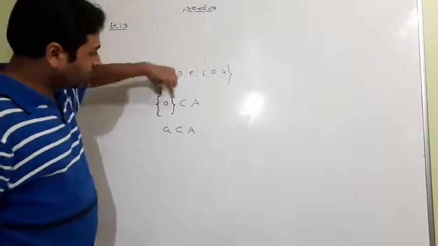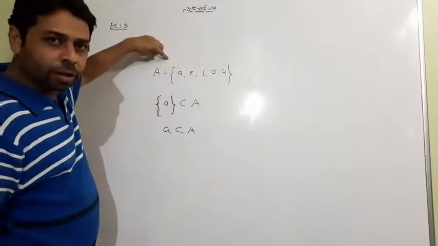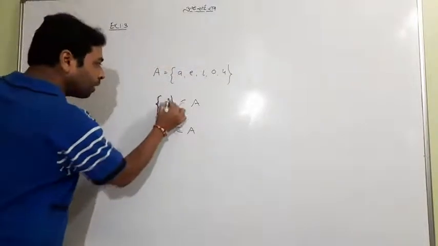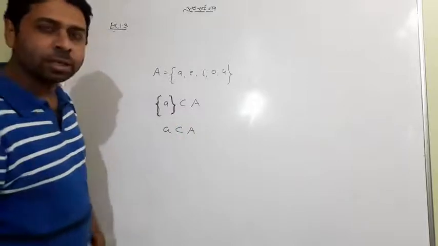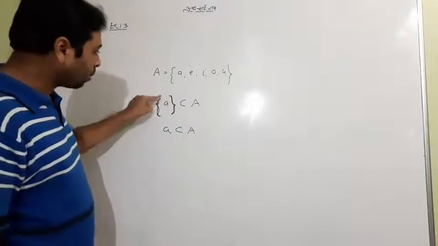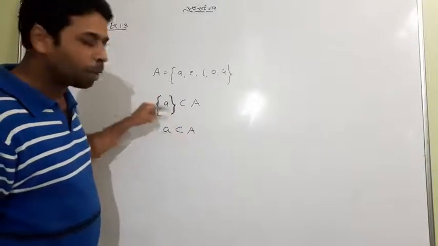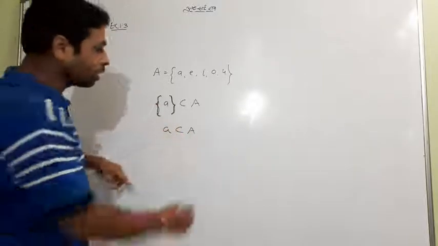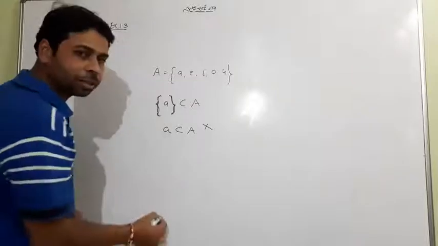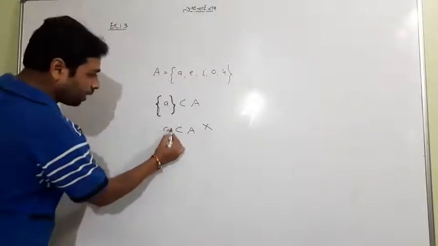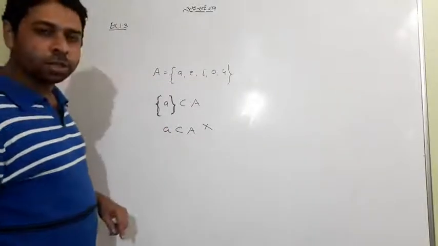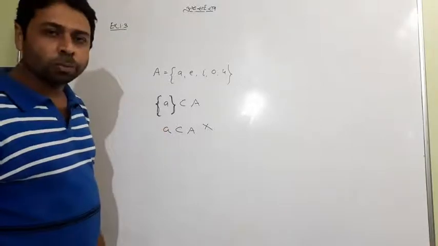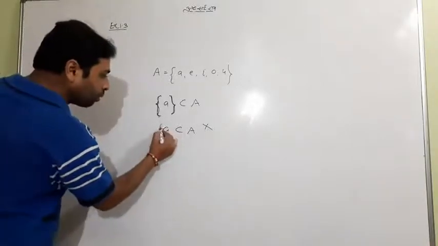This symbol shows that yes it is a subset, because that must be in set form. But if I write A subset of A, this is wrong, because A is an element. Until and unless we use the set form, it cannot be a subset. So to be a subset, we must have it like that.